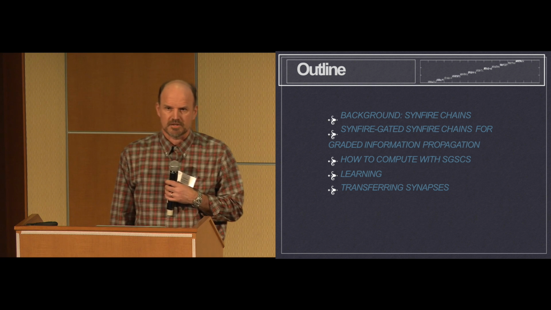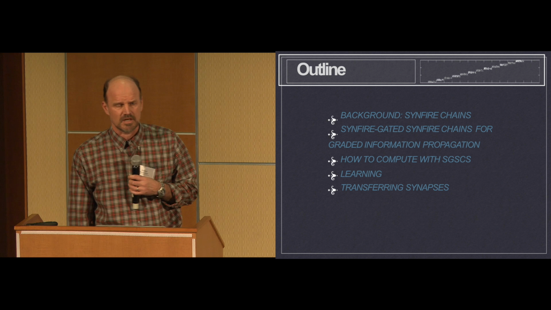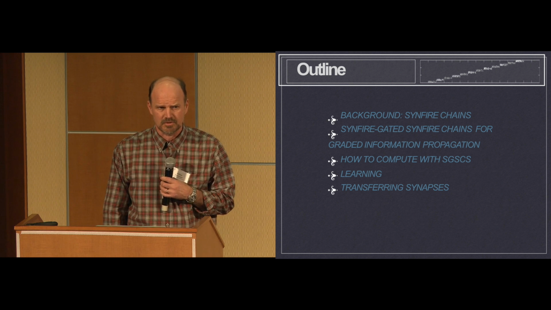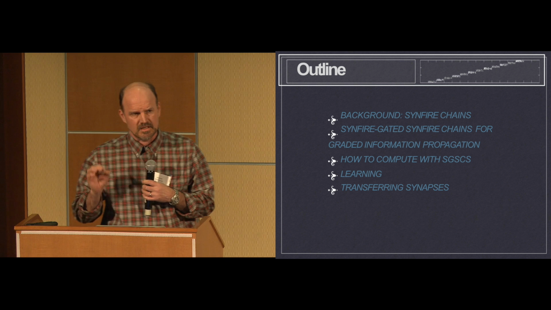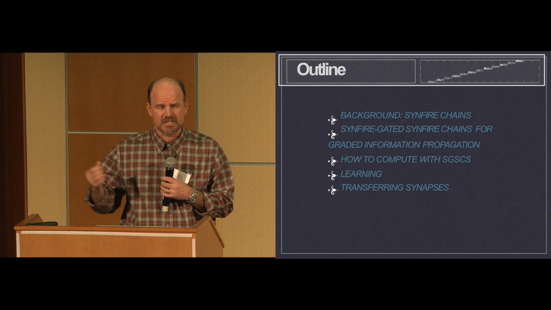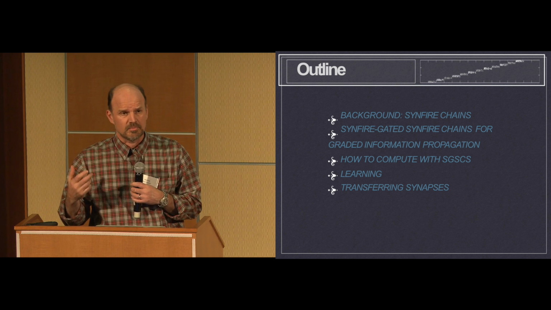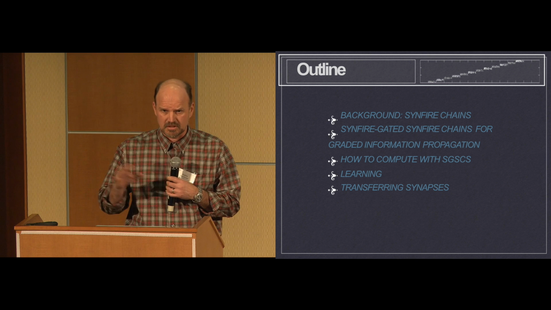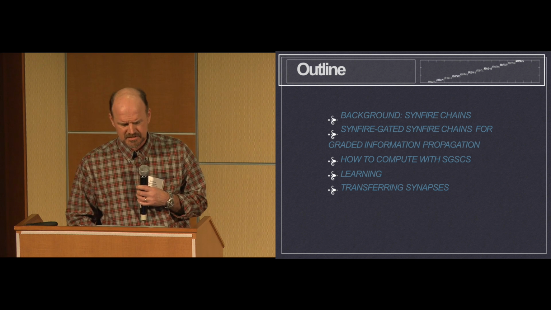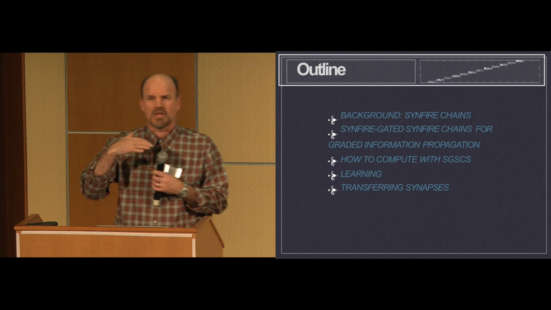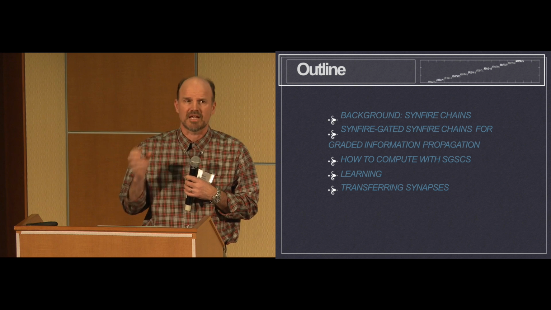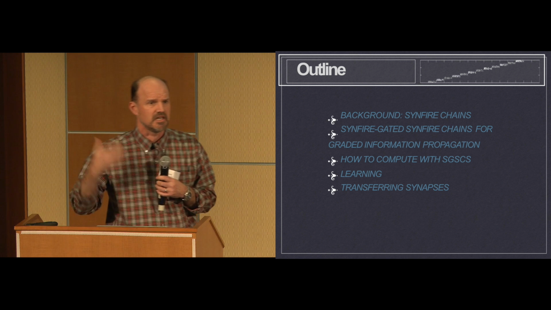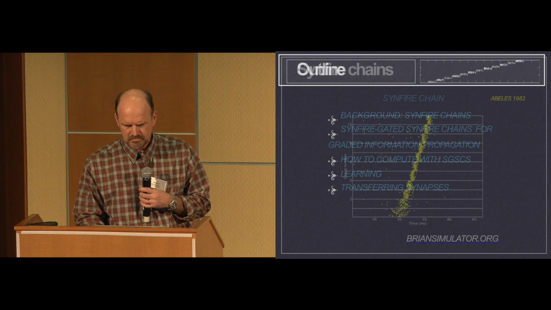Then I'll talk about how to compute with them, to implement some algorithms with them, and in particular, an algorithm for learning and predicting an AR process, which is just a linear time series. And then at that point, we'll have all of the sub-mechanisms that we need in order to understand how to do a synaptic copy.